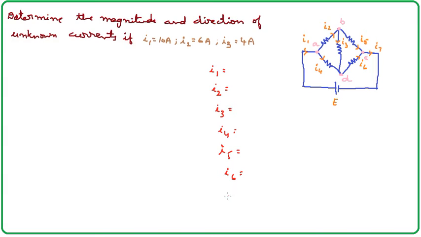These are the currents I need to find out. We already know I1, which is 10 ampere, I2 is 6 ampere, and I3 is 4 ampere.